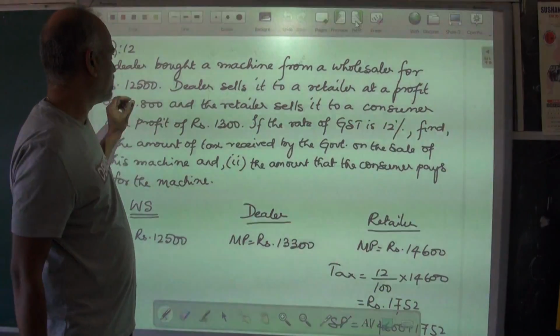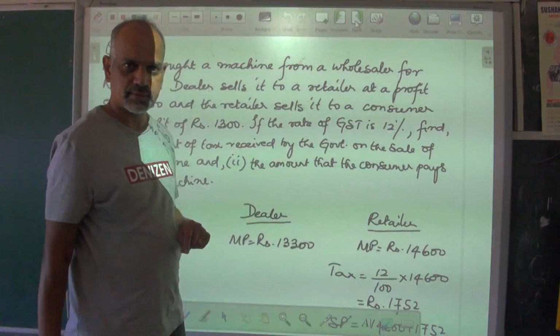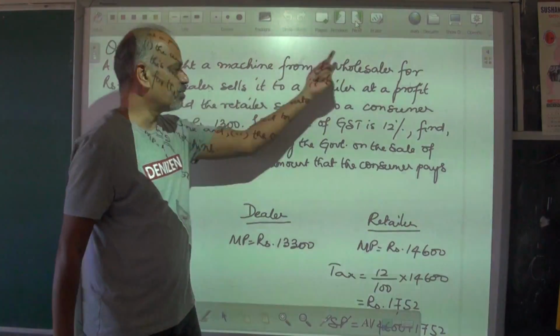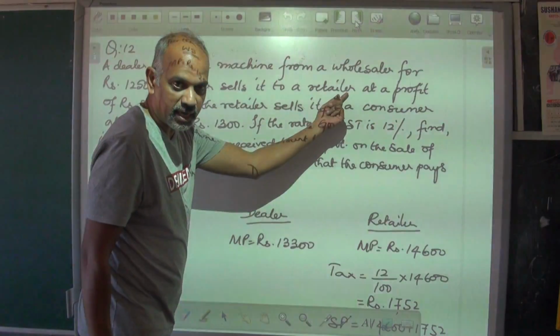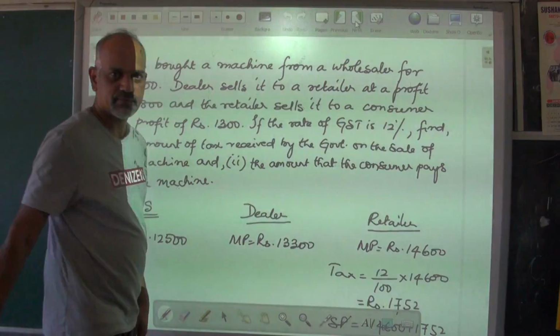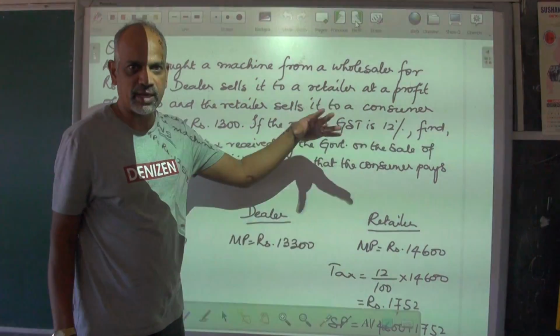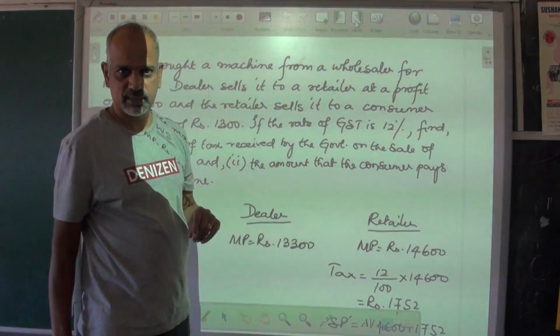Let's start from the beginning. It says a dealer bought a machine from the wholesaler. The dealer buys it from the wholesaler and then sells it to the retailer, and then the retailer sells it to a consumer. Usually we don't show any calculation about the consumer because the consumer buys it from the retailer.